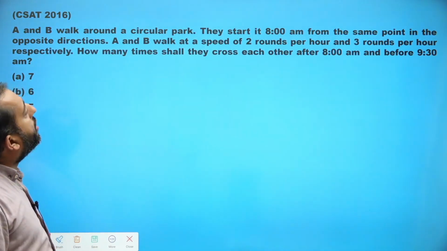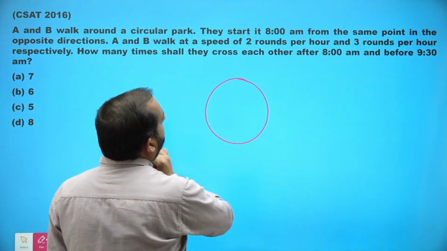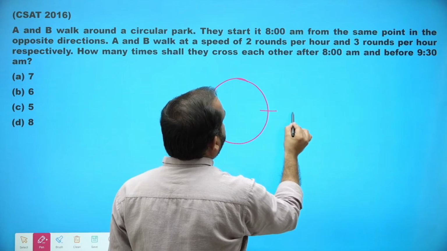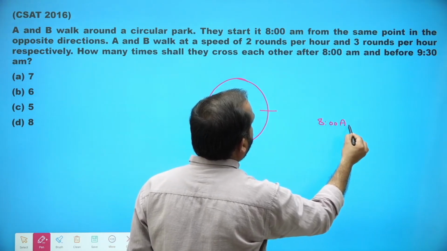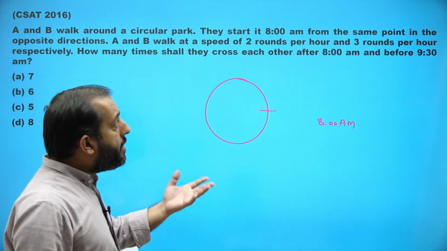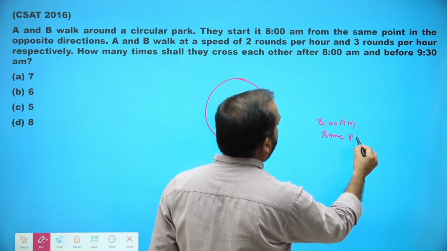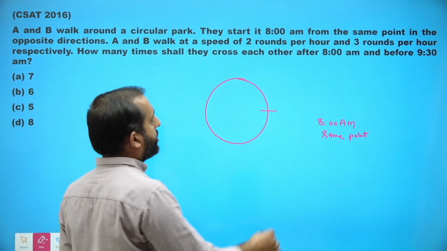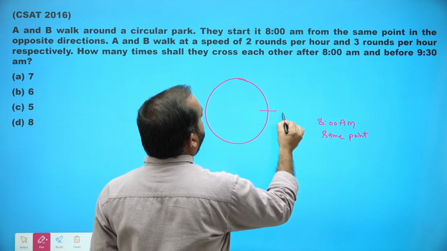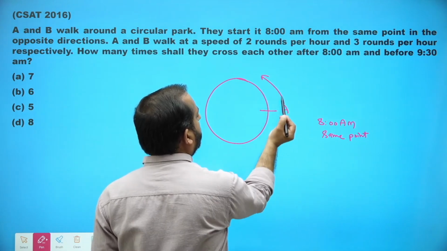A and B walk around a circular park. They started at 8 a.m., so both of them started at the same time, and from the same point also, in the opposite direction. So A and B are traveling in the opposite direction.